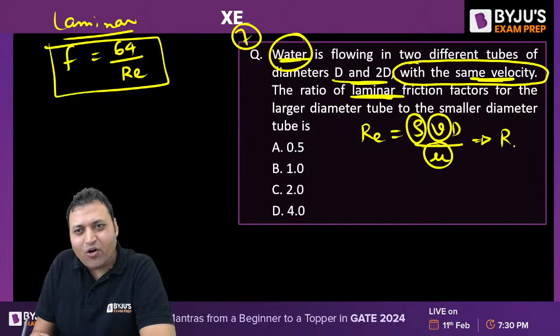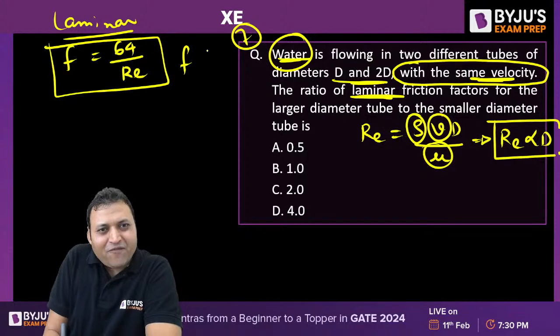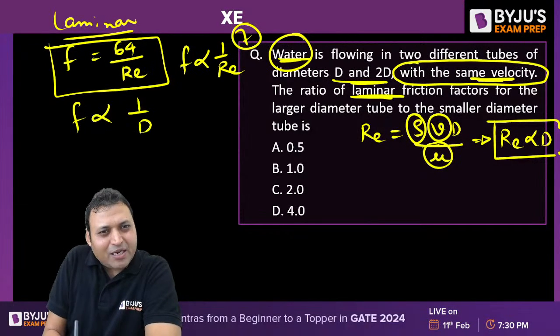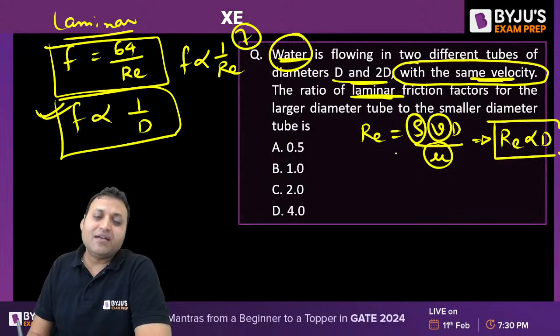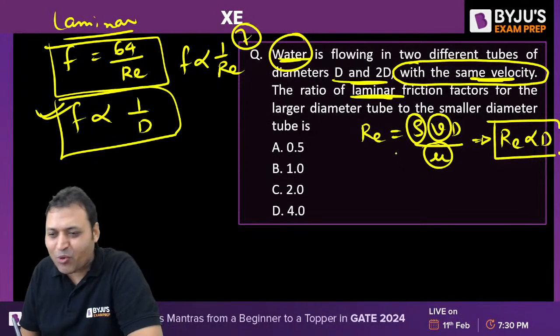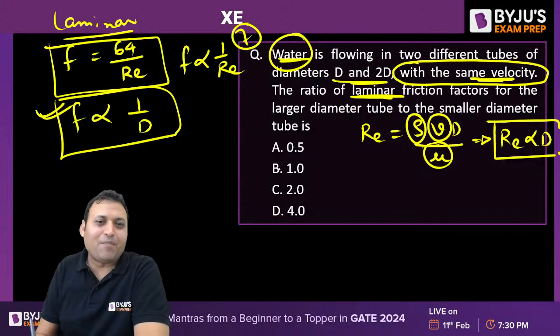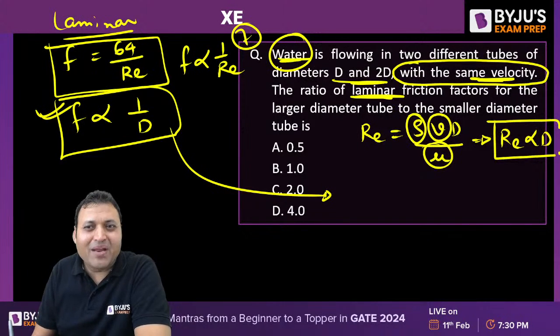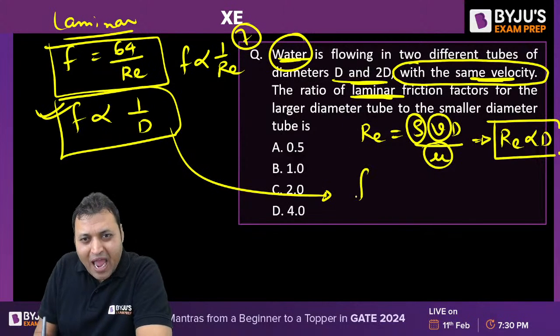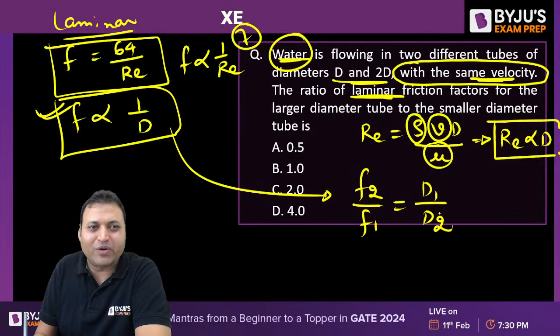So we can say Reynolds number is directly proportional to the diameter of the pipe. And f is inversely proportional to Reynolds number. So f is inversely proportional to the diameter of the pipe. Isn't it? For the given condition, Darcy's friction factor is inversely proportional to the diameter of the pipe. So we need to find the ratio of laminar friction factor for the larger diameter tube, F2 by F1, which is equal to D1 by D2, isn't it?